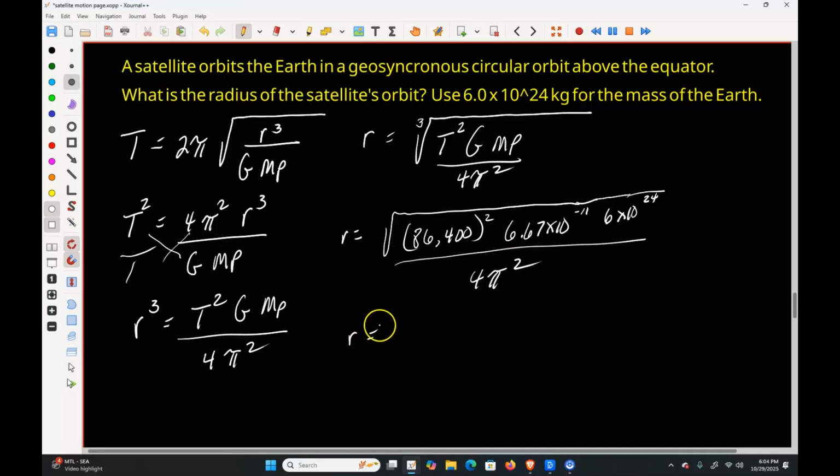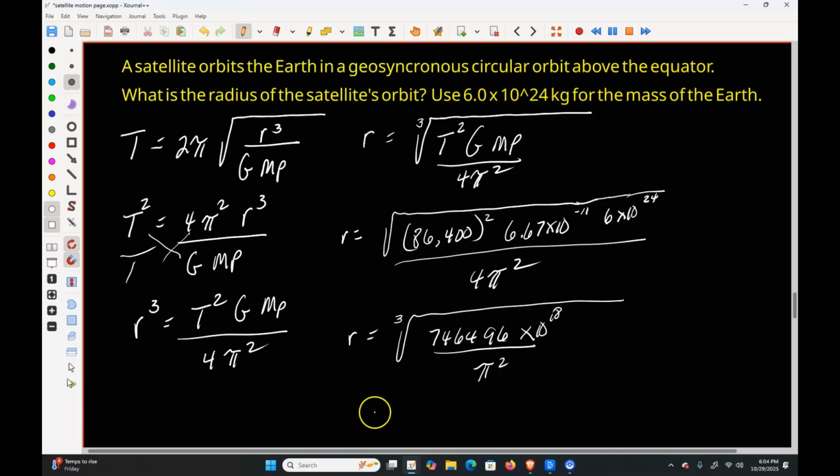So the radius is equal to the cube root of 746,496 times 10 to the 18th power divided by pi squared. So the radius is equal to 4.23 times 10 to the 7th meters.